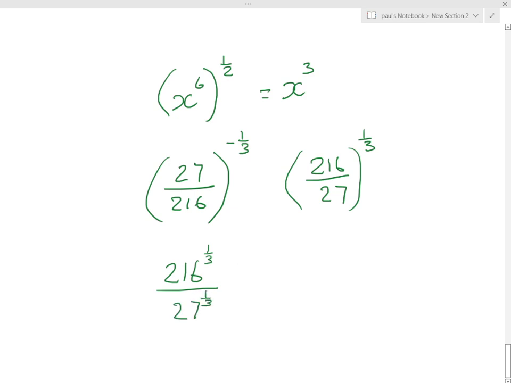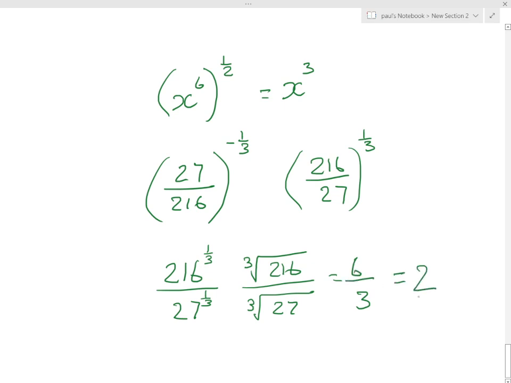That's the root, so we can just go the cube root of 216 divided by the cube root of 27. I know the cube root of 27 is 3. Not sure about this, so let's have a look. Cube root of 216 is probably 6, I think. Yes, it is 6. So that will be 6 divided by 3, which equals 2.